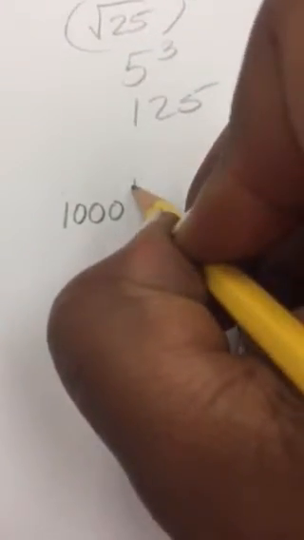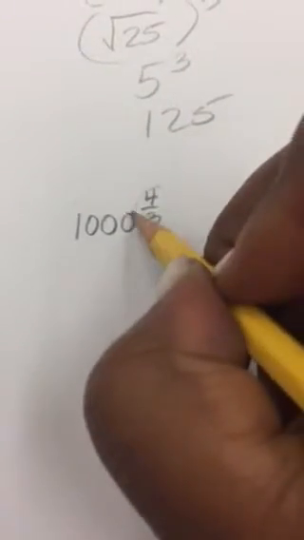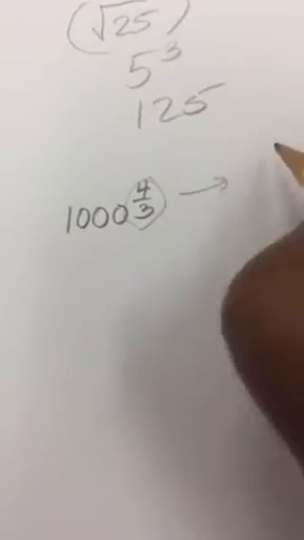Let's do one more example. Let's go 1,000 to the 4/3 power. If we deal with that fraction, that's going to be 1/3 times 4 over 1, which is 1/3 times 4.